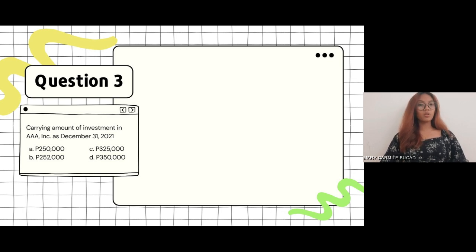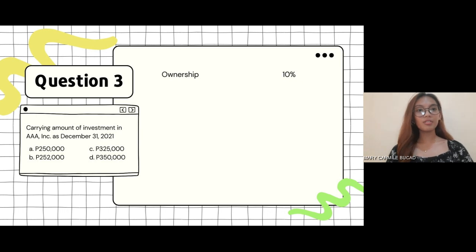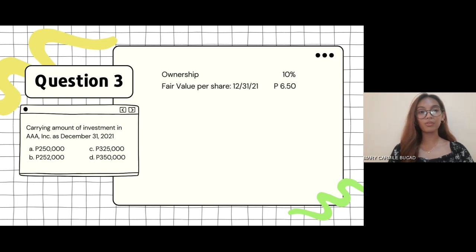On the date of purchase, the value per share for AAA Incorporated is 5 pesos per share, which cost Maykawayan a total of 250,000 pesos for its initial investment. However, there was a change in the share's value on December 31, 2021, and the current value of AAA's ordinary shares is 6.50 pesos.